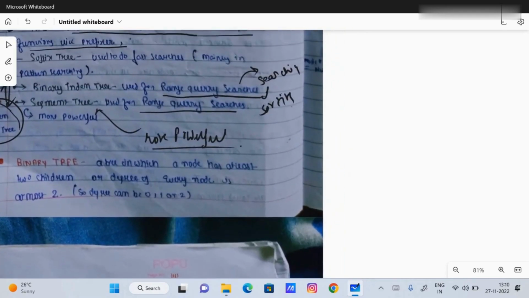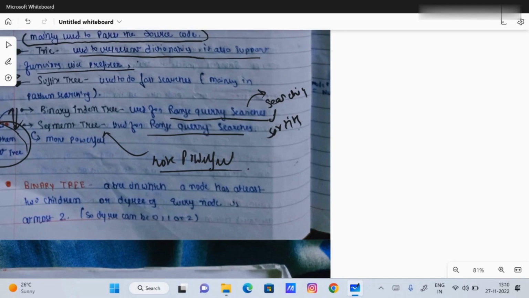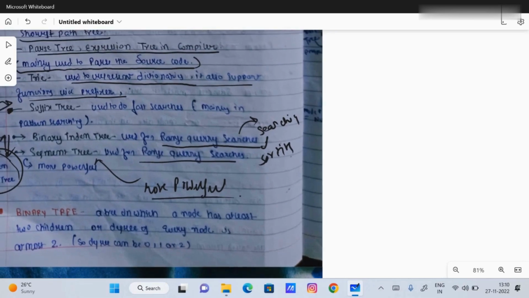Thereafter, binary tree. A tree in which a node has at most two children, or the degree of every node is at most two. What is the meaning of at most? It can be two or fewer. For example, look, there are values 2, 3, 4.